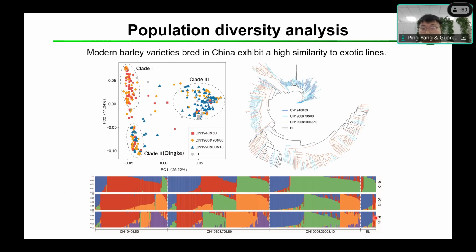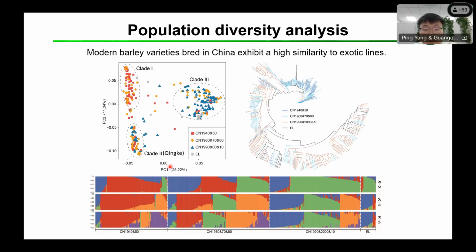And in the structure analysis, when K equals 3, the exotic lines mainly exhibit the green component, but the Chinese early varieties showed the red component.